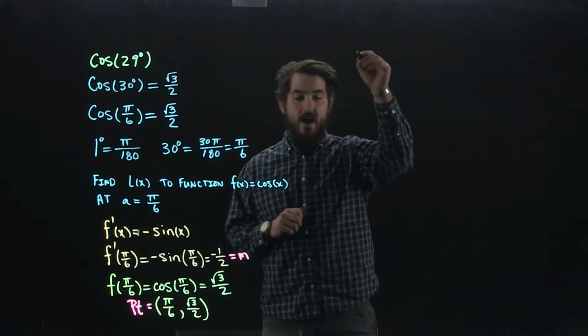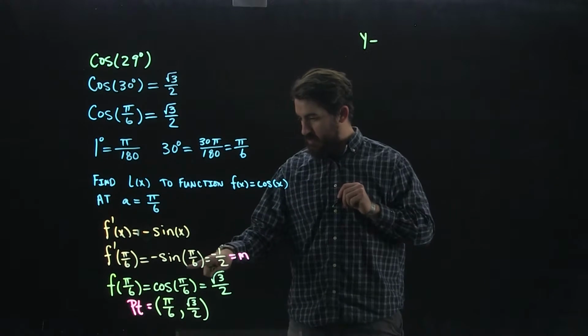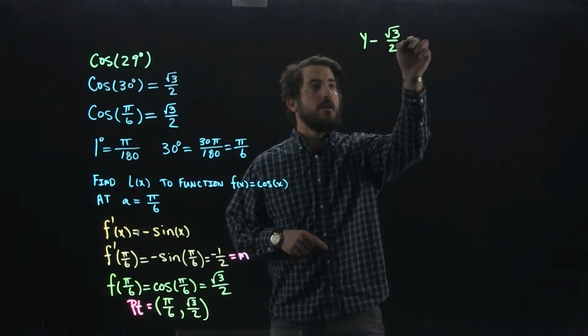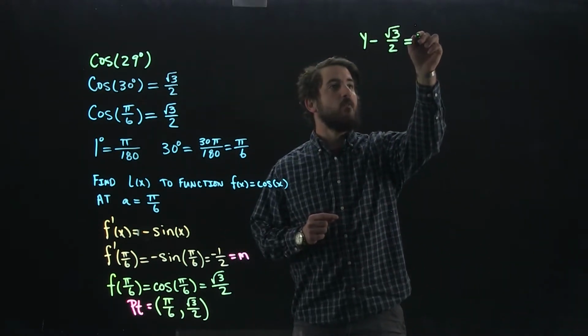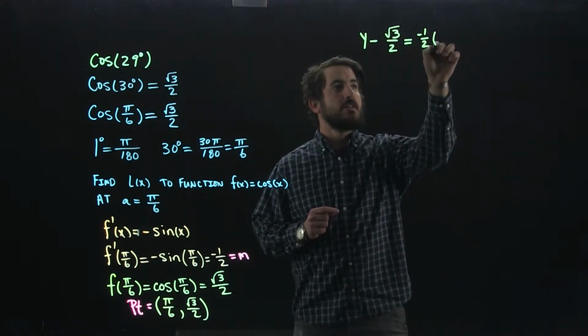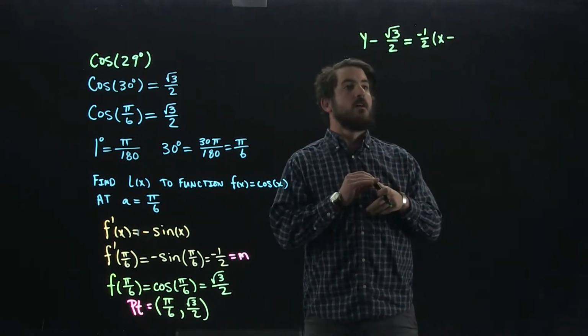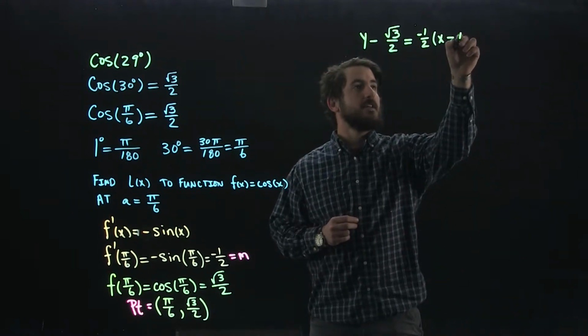So we have y minus root 3 over 2 equals the slope, which is going to be negative 1/2 times x minus pi over 6.